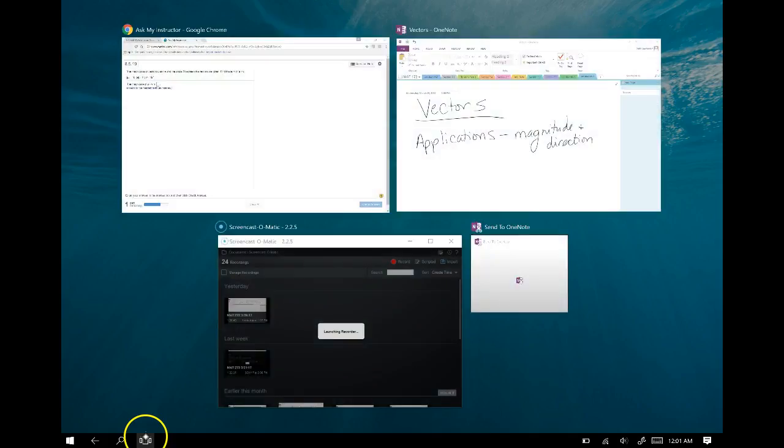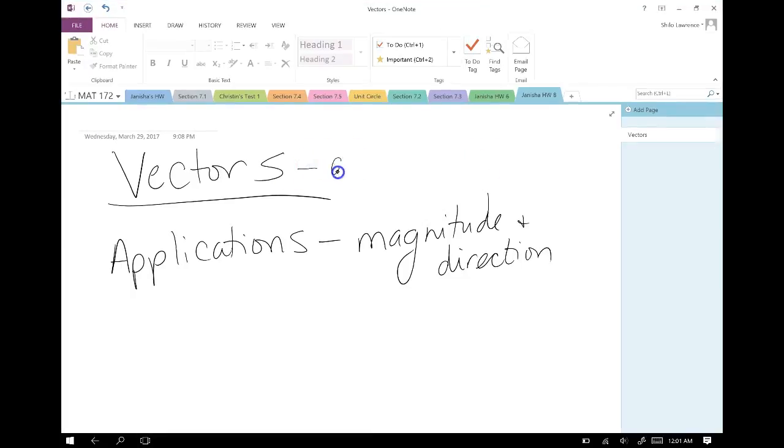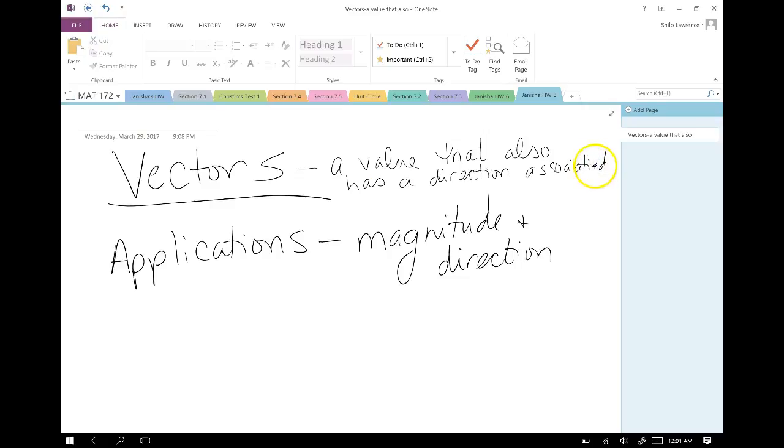It's a value that also has a direction associated with it. So anytime you think about an application problem where you're given a number, most of those are just scalars.